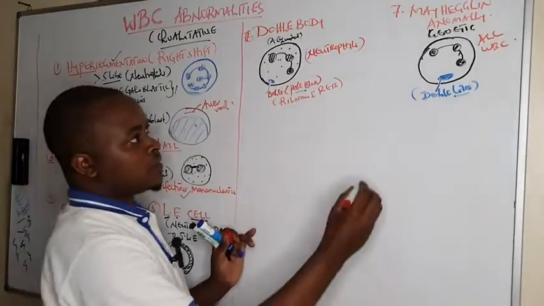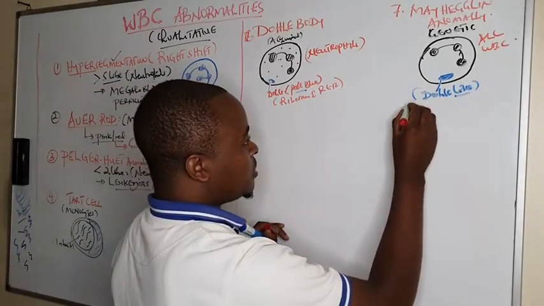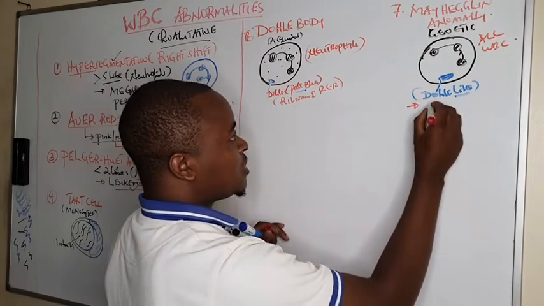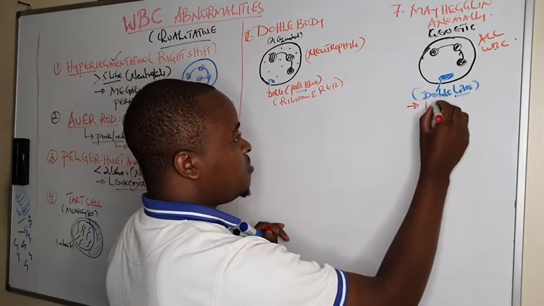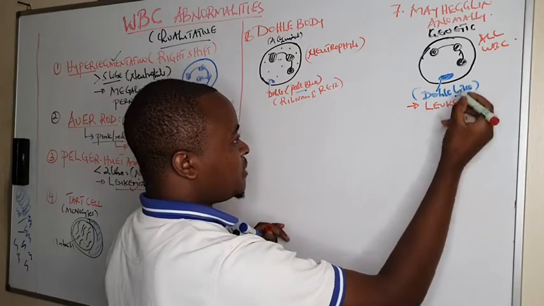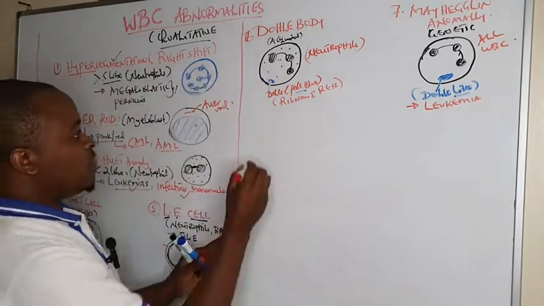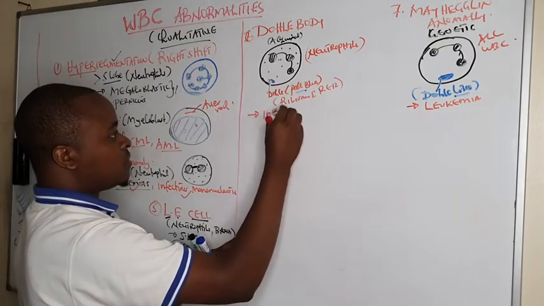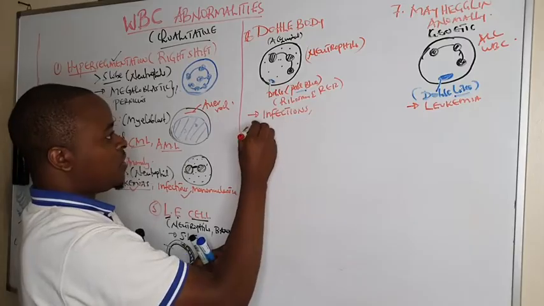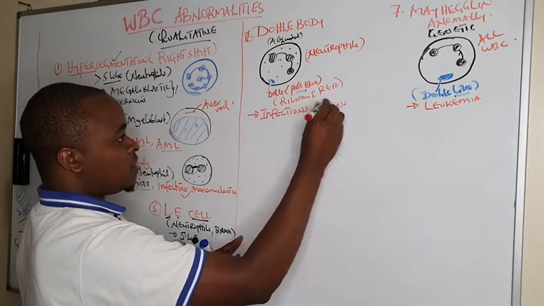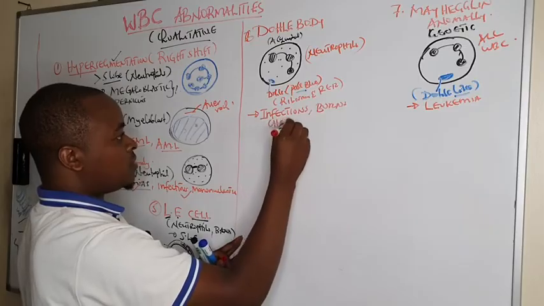It is seen in conditions such as leukemias, whereas Döhle bodies we find in conditions like severe infections, burns and chemical poisoning.